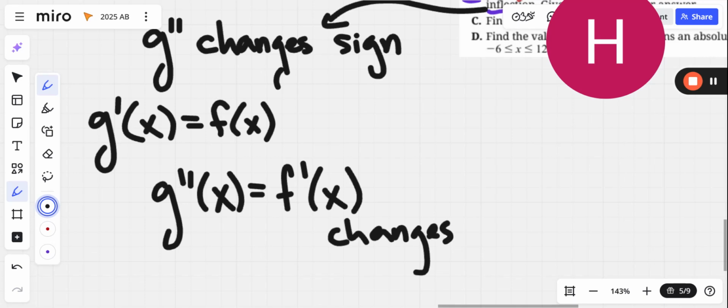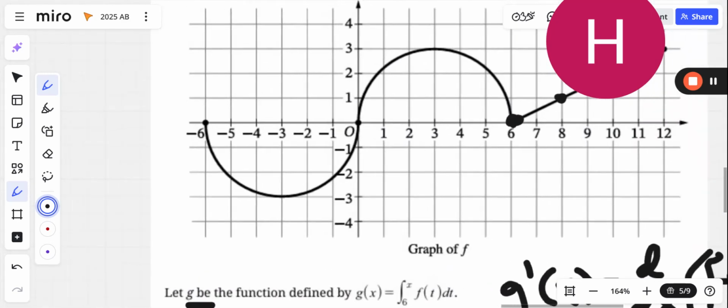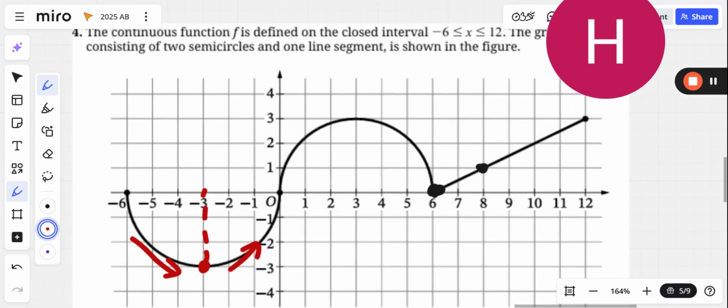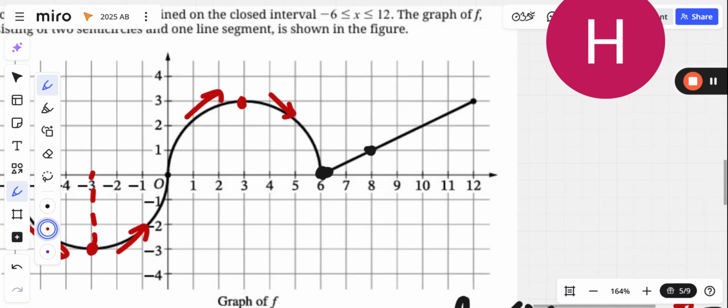That's just the slope of the graph. So when does the slope change sign? Right here. It goes negative to positive, and also here it goes positive to negative. And then at 6 it also goes negative to positive, so it changes sign here. So it changes sign a few times.